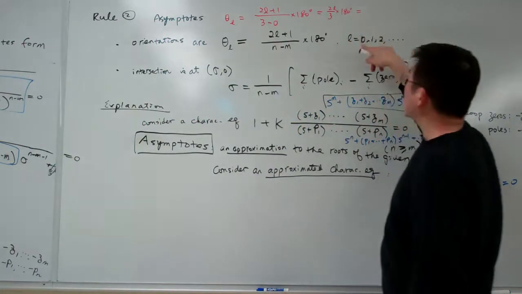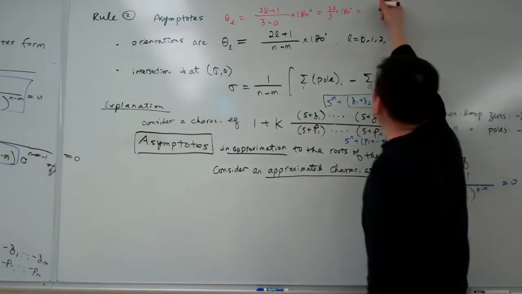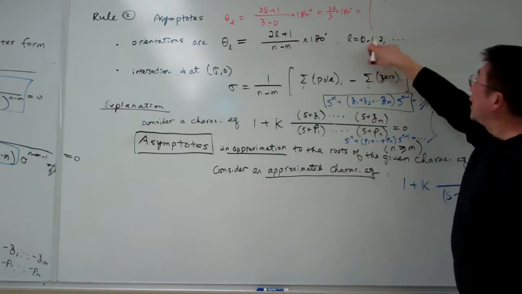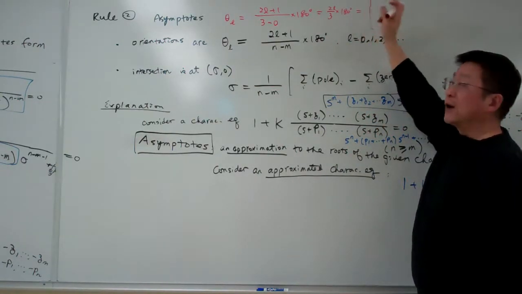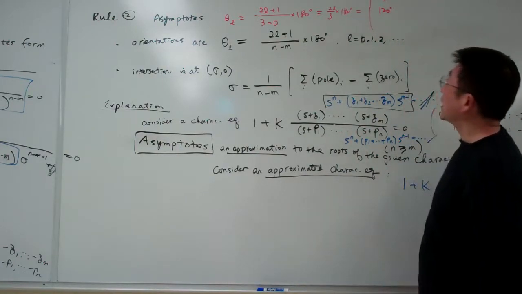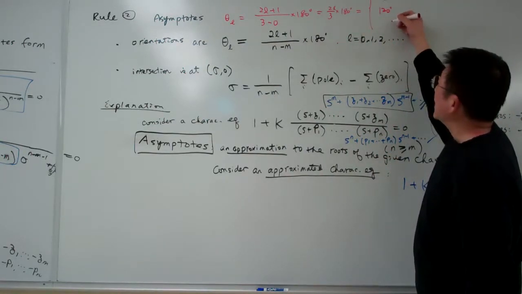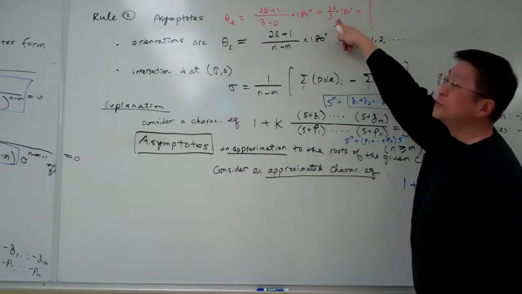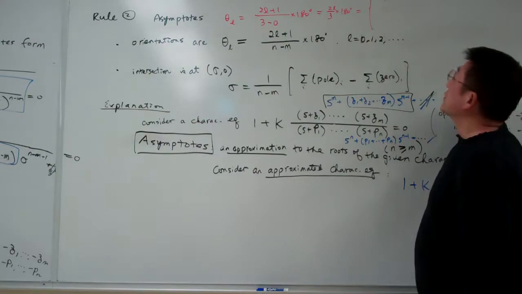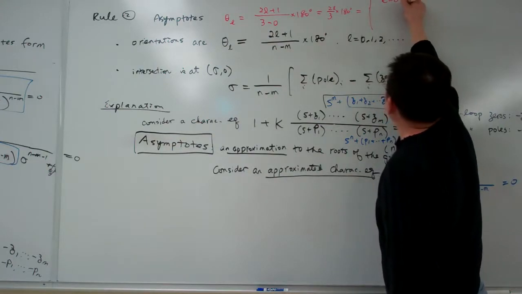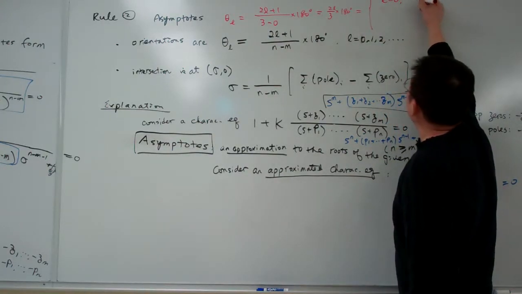So we keep cycling the numbers for L. I made a mistake at first, so let me start over. I was missing the plus 1. So when L equal to 0, that is 180 over 3, which is 60 degrees. When L equal to 1, that is 3 times 180 over 3, so 180 degrees.